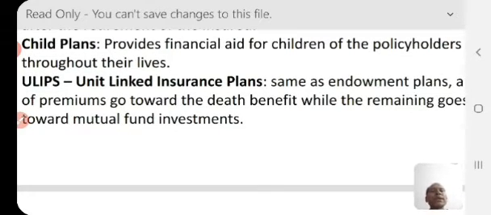Units means units of the mutual funds, parts of the mutual funds. So some portion of the amount goes for the death benefit, and the remaining part goes towards the mutual fund investments by the insurance company.